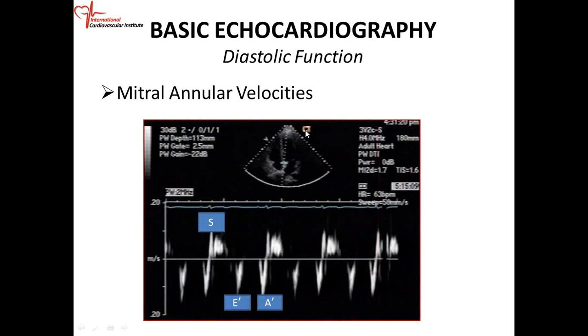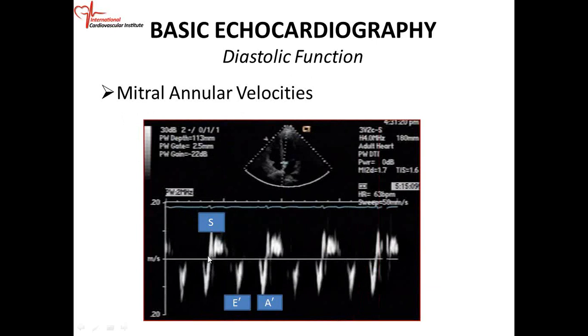Okay? So if you just analyze what's happening in systole, remember the base of the heart moves up to the apex. So our sample volume is right here. So in systole, this base of the heart is going to move up towards the transducer.